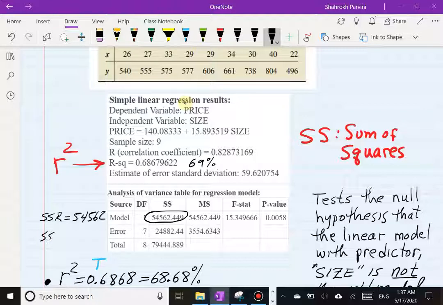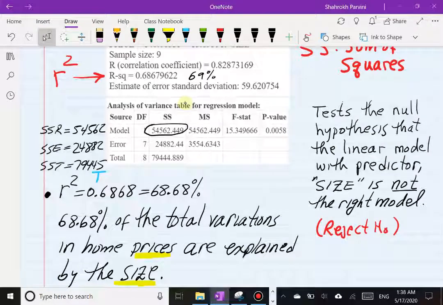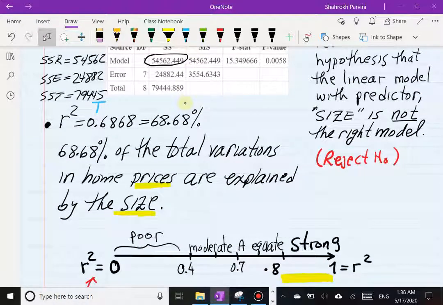The error sum of squares is 24,882, and the total sum of squares is 79,445, call it. And just to show you where that 68% came from, how was it calculated? It's actually pretty easy. R squared is SSR divided by SST.